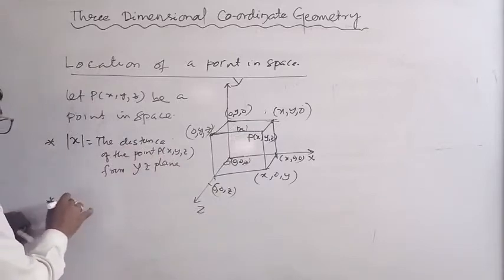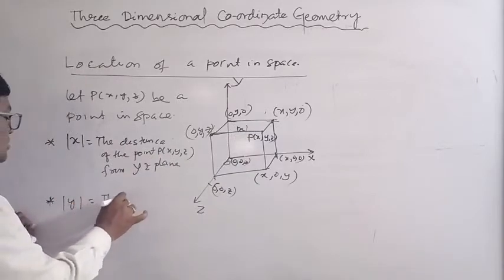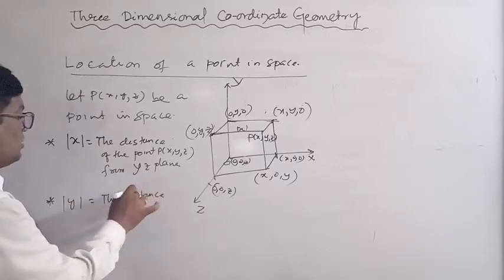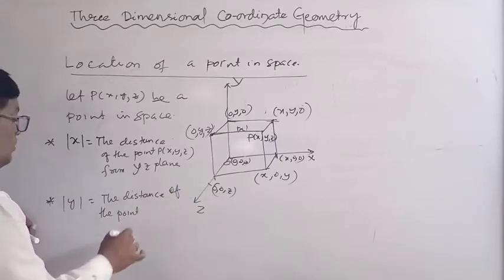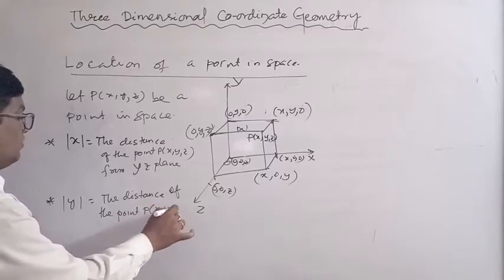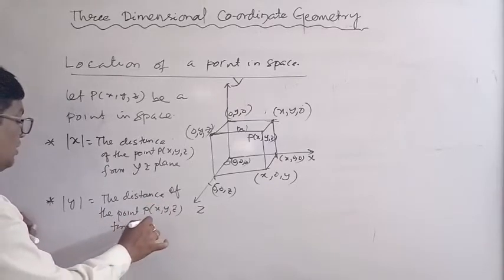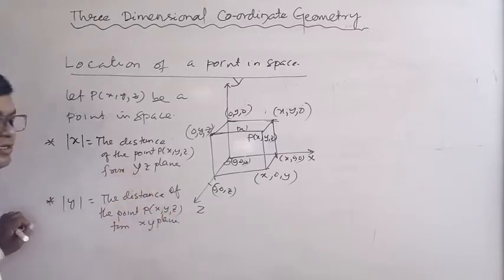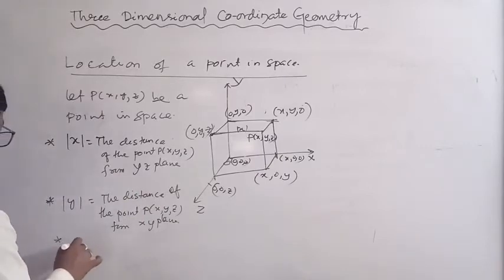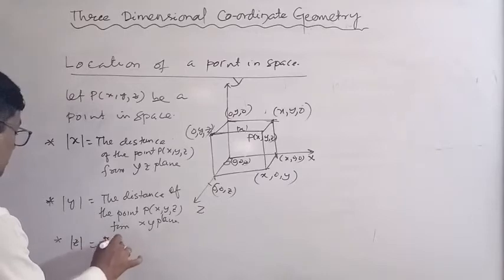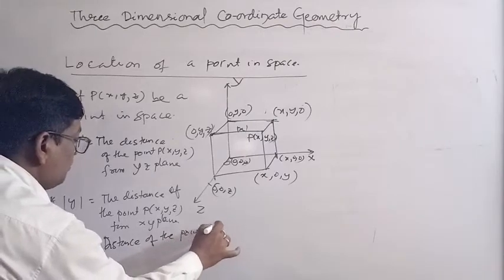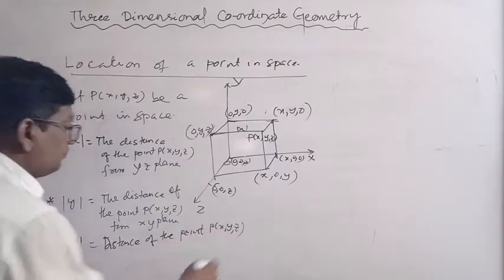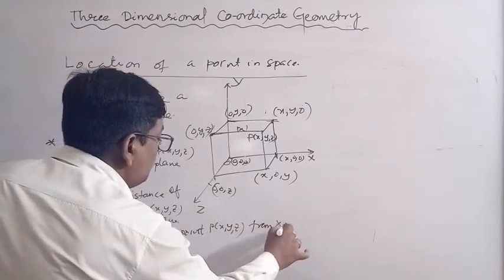Similarly, mod y is equal to the distance of the point P of x, y, z from the xz plane, and mod z is equal to the distance of the point P of x, y, z from the xy plane.